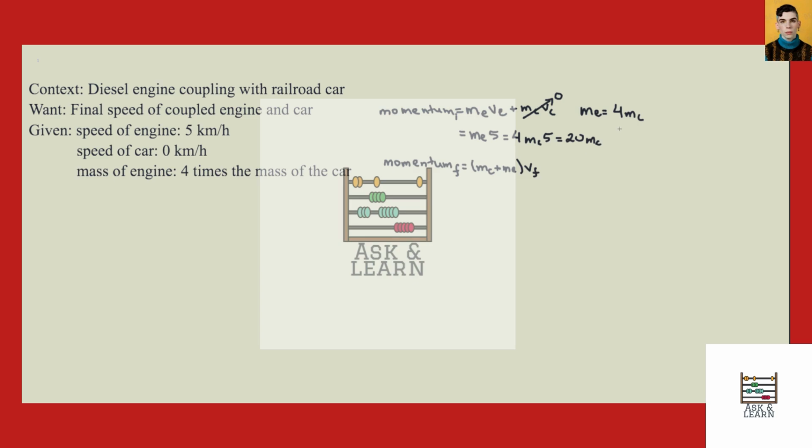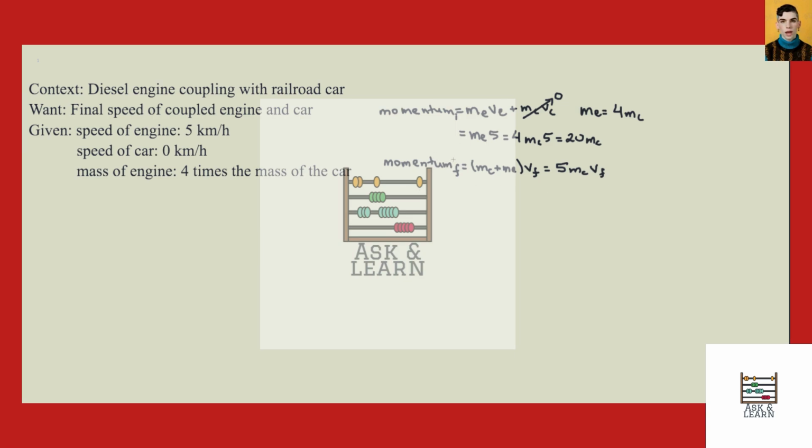So here again, we can substitute once more mass of the engine for 4 mass of the car. So 4 mass of the car plus mass of the car, we get 5 mass of the car times the final velocity.